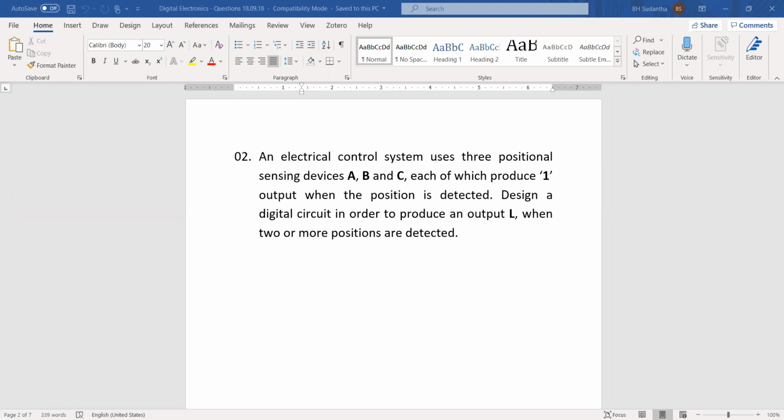Again, it's like the previous one. We have 3 inputs. This is output L. Table.